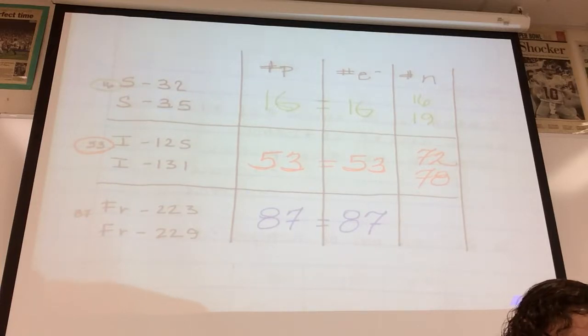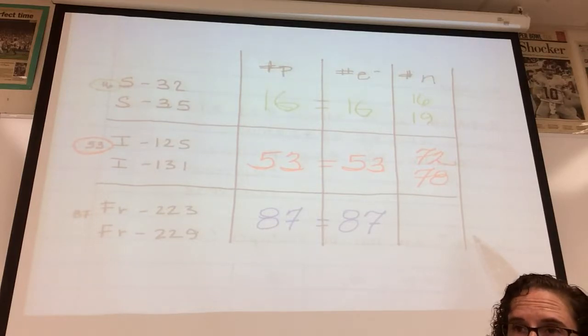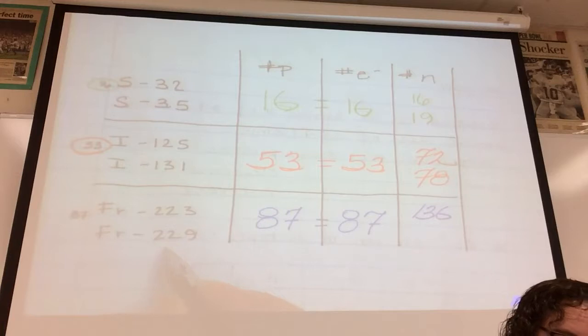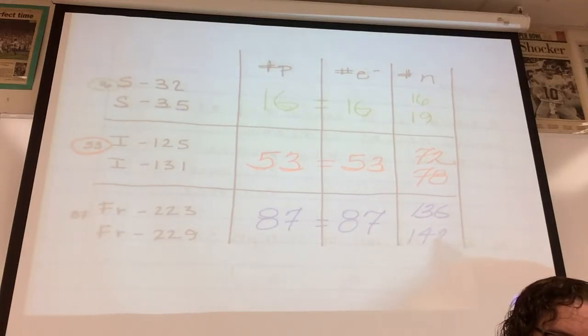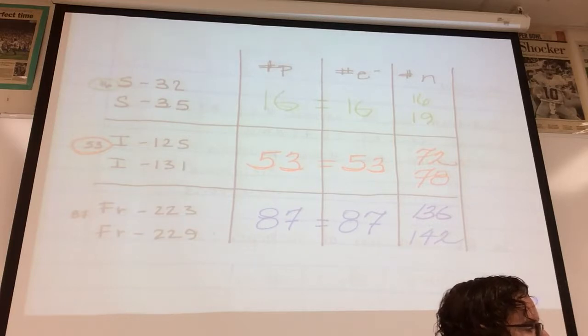And what'd you get? I got 146. 136? And this has 6 more. Alrighty? Piece of cake.